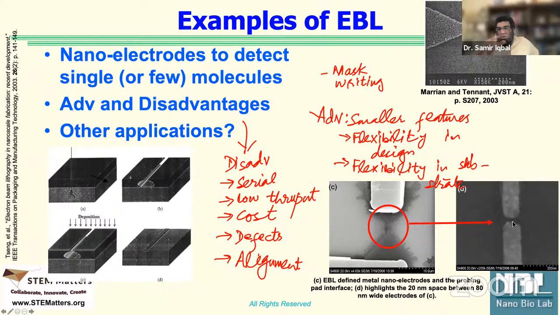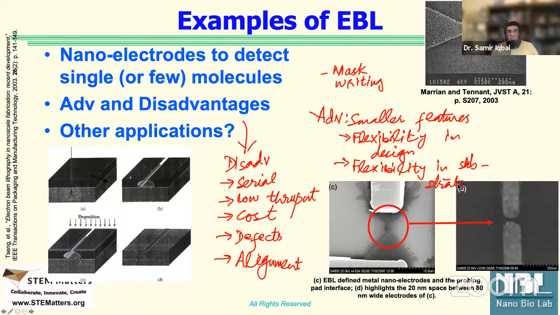We were using it as a biosensor for cancer biomarkers. There is a growth factor, a molecule that goes up. So with E-beam lithography, you can directly write the pattern or the gap. The Merriam and Tennant, there's one from their lab also. It shows a 4 nanometer gap if you look at the top right-hand side picture.